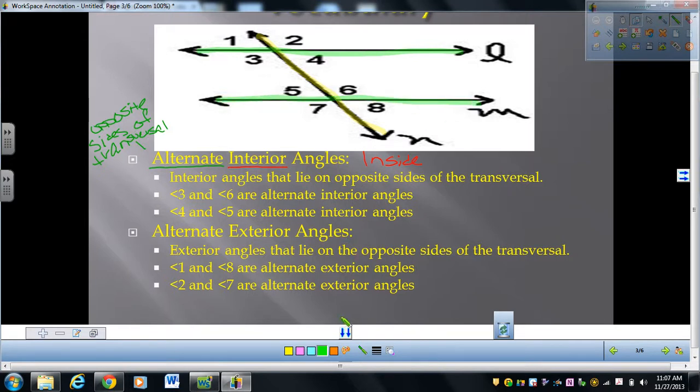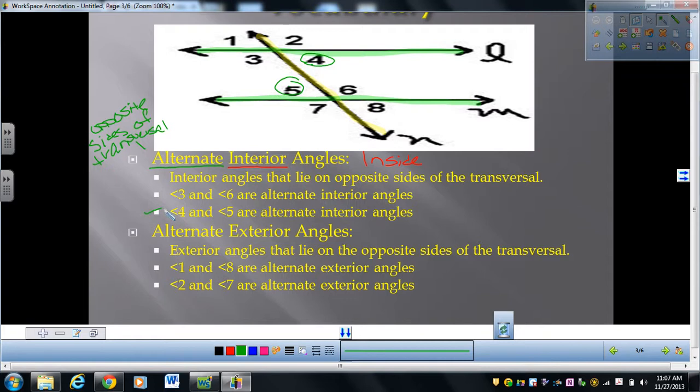So our alternate interior tells us that it has to be inside and they have to be on opposite sides of the transversal. So I've got angle 4 here and 5 here. They're on different sides of this transversal line, but they're still both inside the parallel lines.